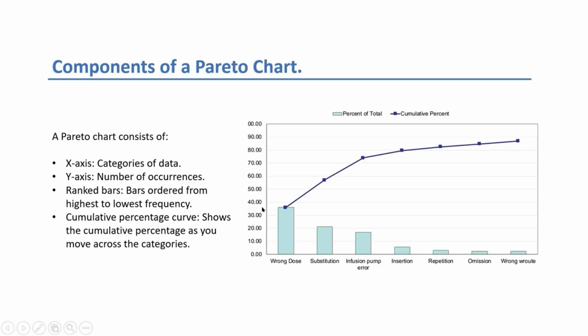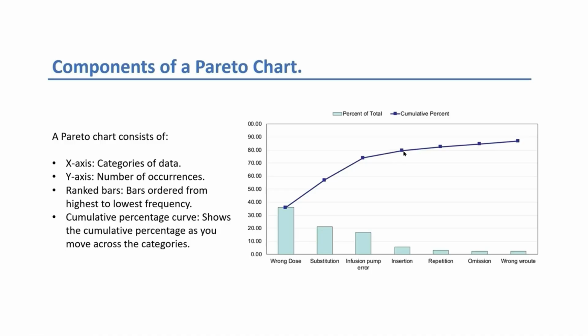Then we have the y-axis, and this y-axis shows us the frequency of these categories. The ranked bars, they are ranked from highest to lowest, and then the cumulative percentage curve. And this cumulative percentage curve shows us the vital few from the trivial many.